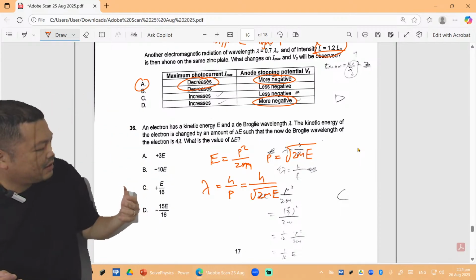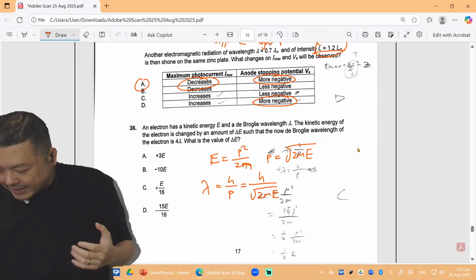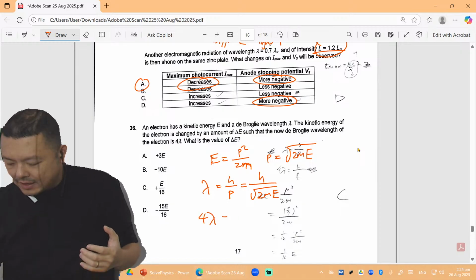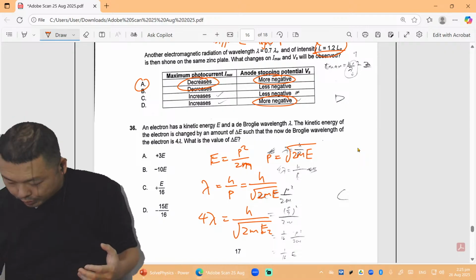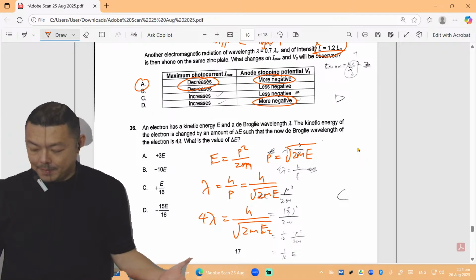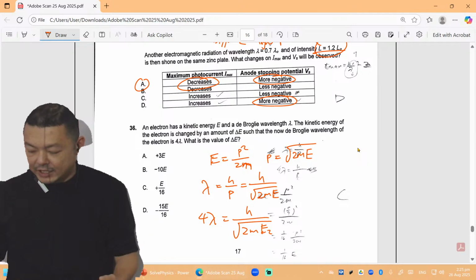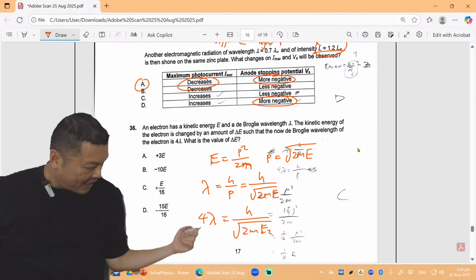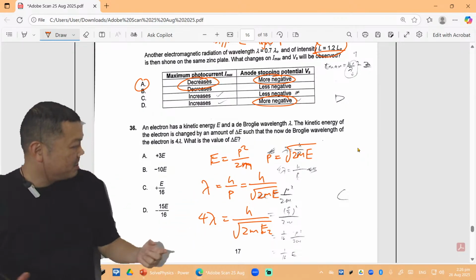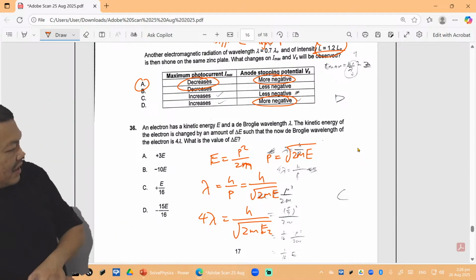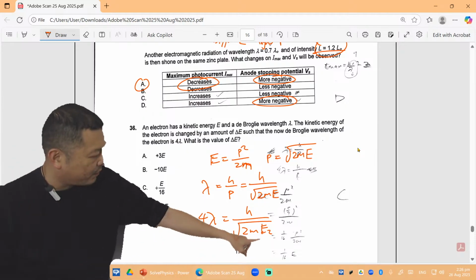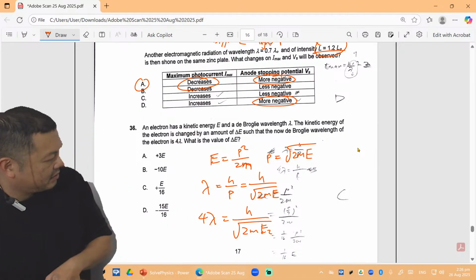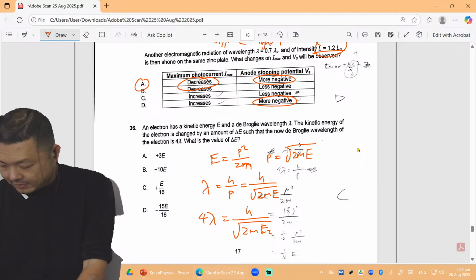So basically, lambda equals h over square root of 2mE. And essentially, I just need to make E the subject. I want to find delta E, right? So technically, I need to find E2 minus E1.